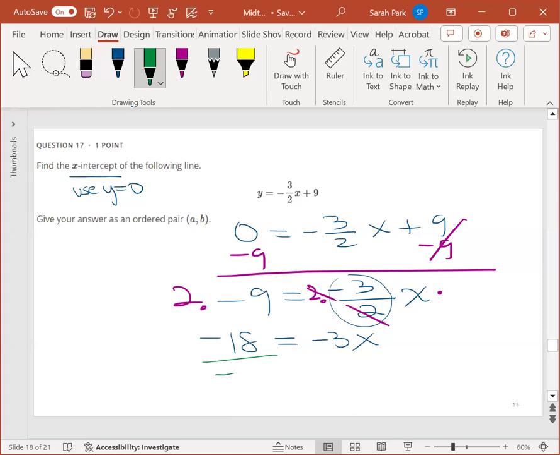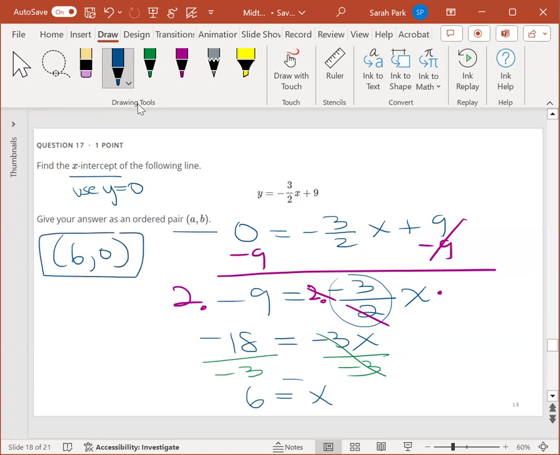And then we divide by -3 on both sides. That gives us x is equal to -18 divided by -3, which is positive 6, right? Negative over negative is positive. So our x-intercept is 6, but as an ordered pair, you write (6, 0).